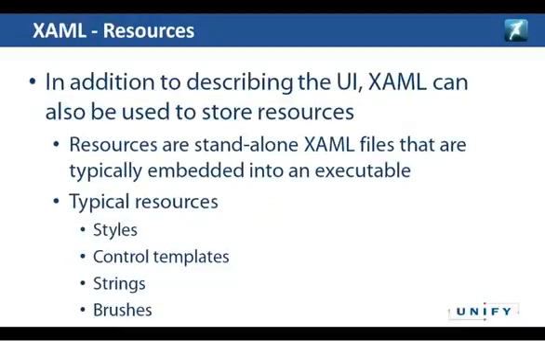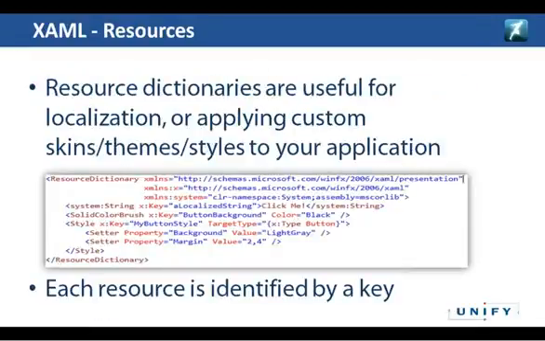XAML resources. XAML resources are basically files that you provide which contain resource dictionaries. And these resource dictionaries can provide resources like, for example, translations of the controls, buttons, for example. You can provide a German version of your application just by providing a XAML resource dictionary.